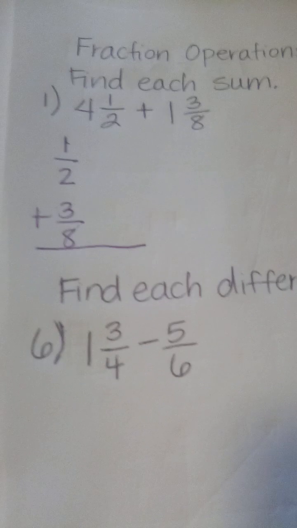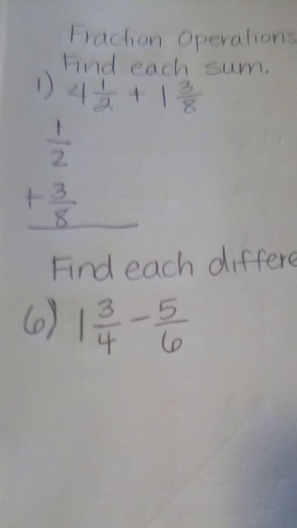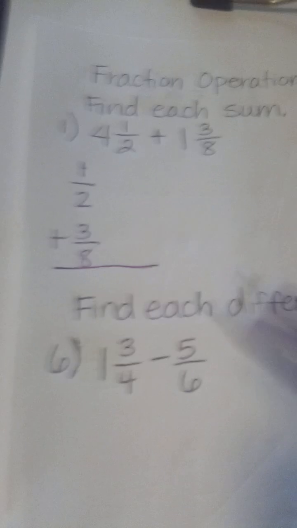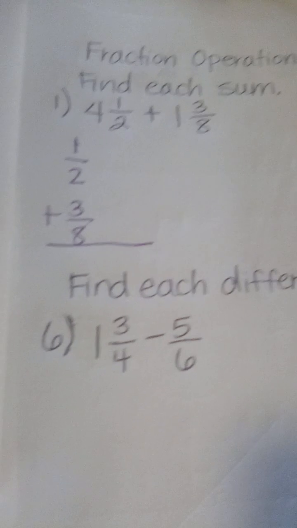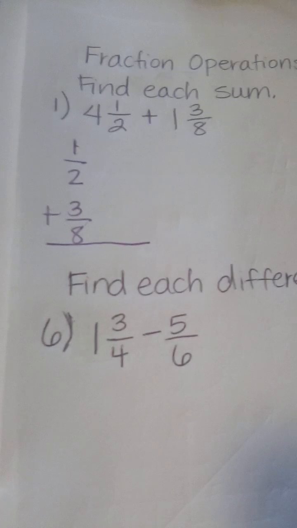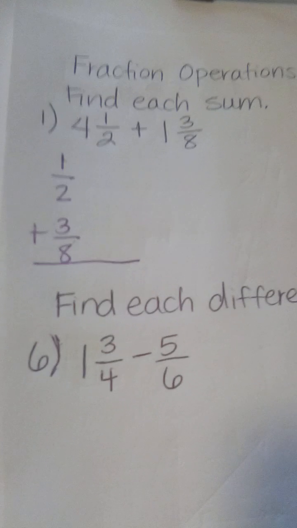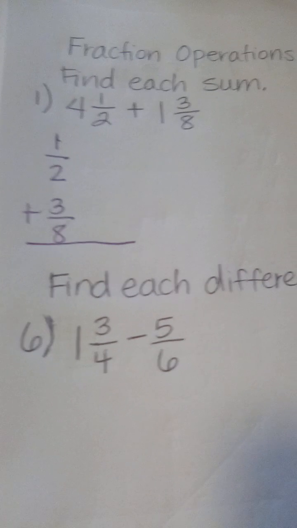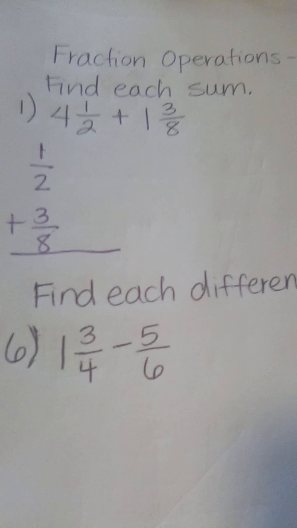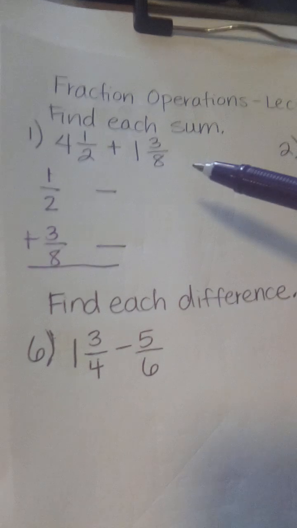The first thing I will say is: what is the common denominator of these two fractions? We're going to take these fractions first. What is the common denominator? If you said 8, you're correct. Very good.